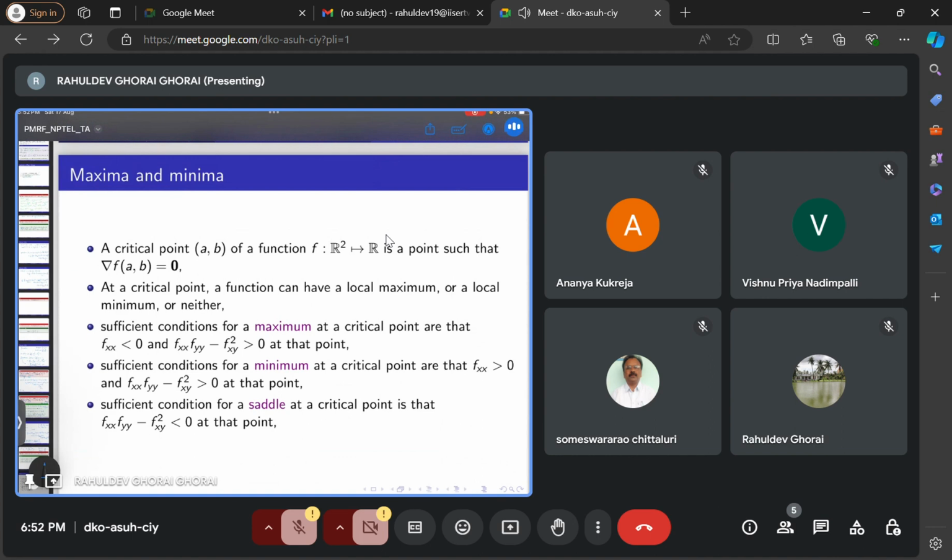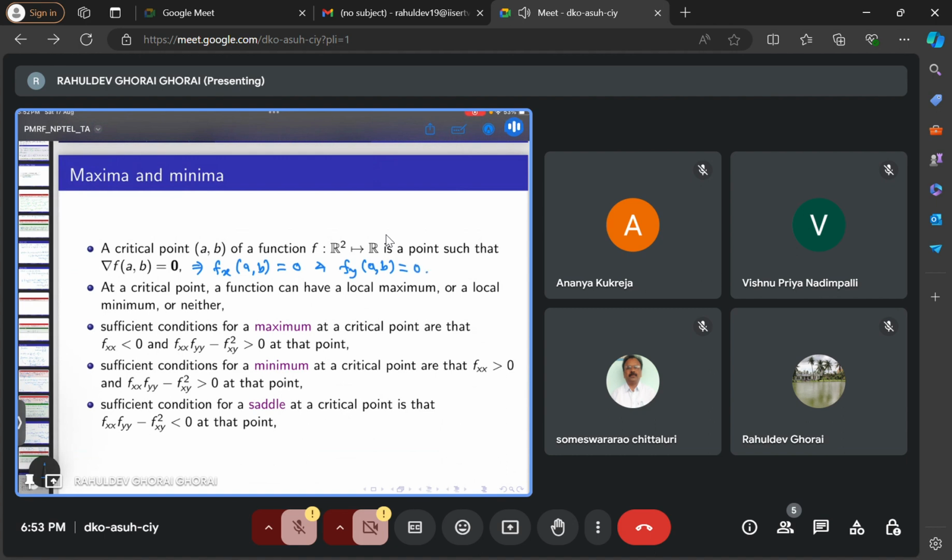Here the gradient of f is written as a zero vector. That implies fx at (a, b) is equal to 0 and fy at (a, b) is also equal to 0.